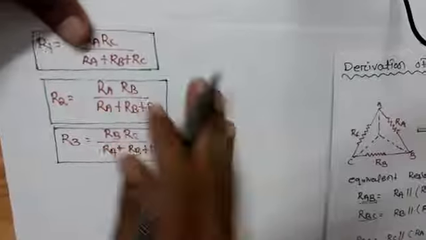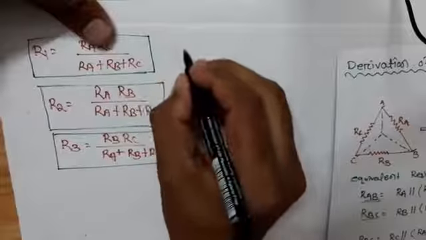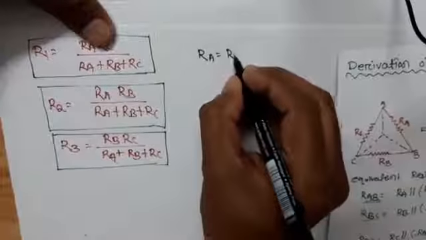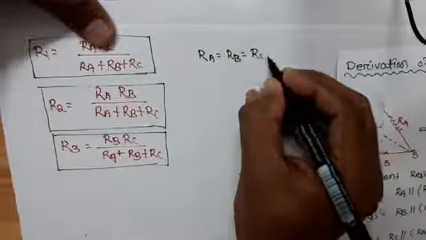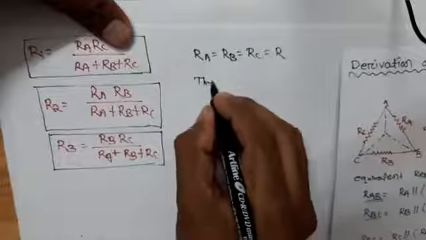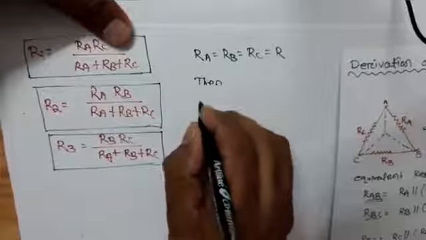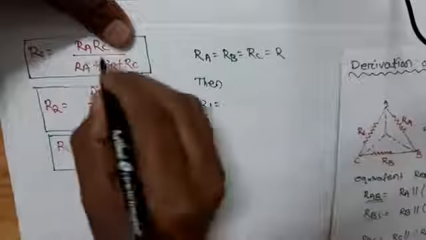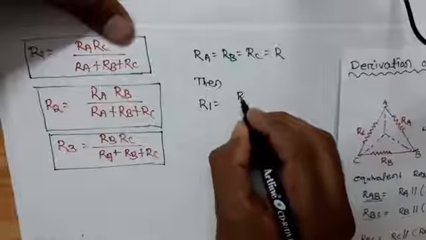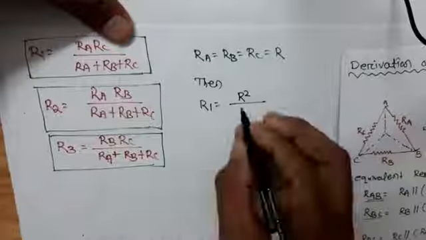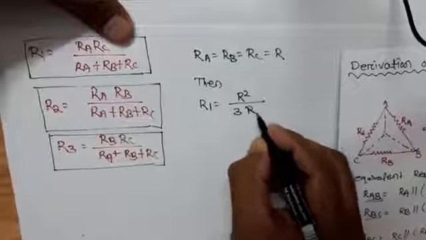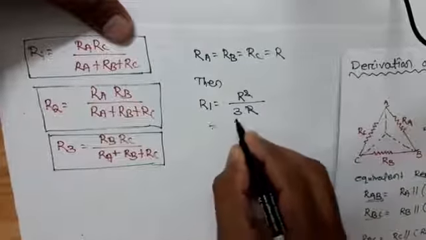There is a simple method: if in a question RA equals RB equals RC equals R, then R1 equals R squared divided by 3R, so R cancels, finally R by 3.